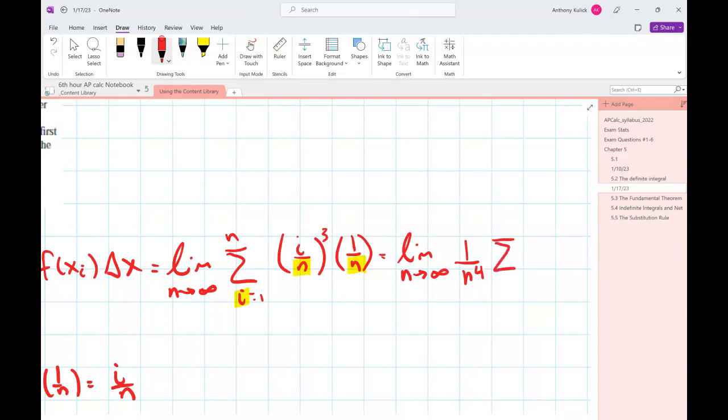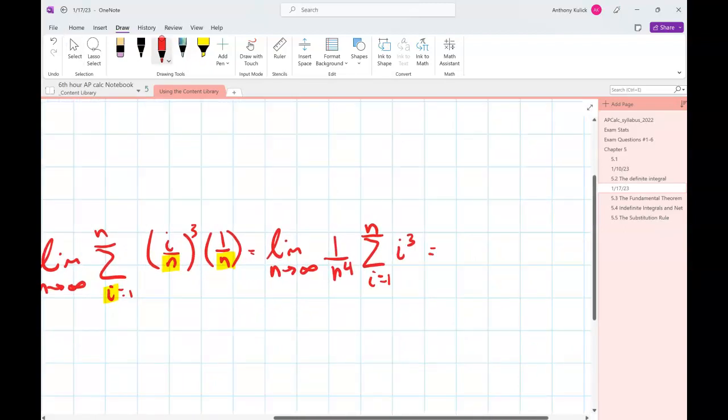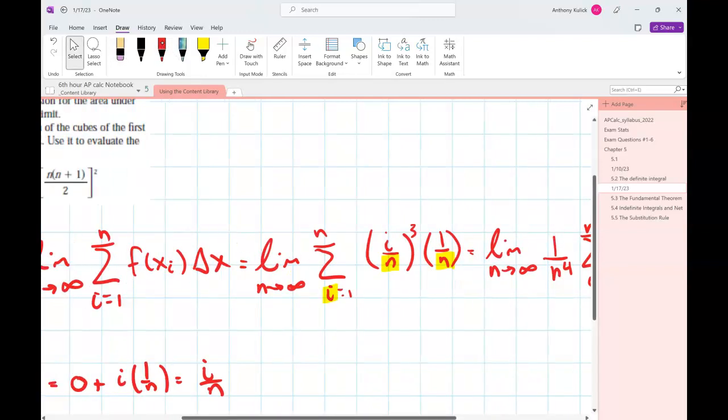And then I have the sum from 1 to n of i cubed. And this is something that we have a formula for. This is probably where part A ends.